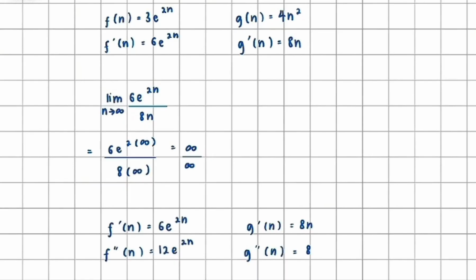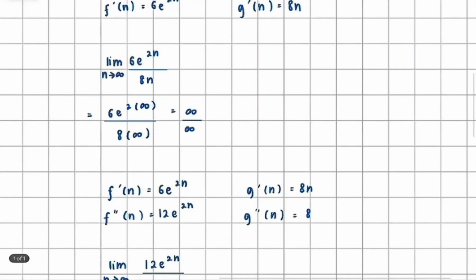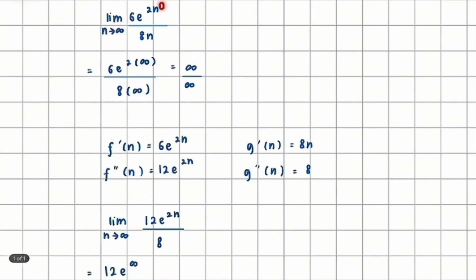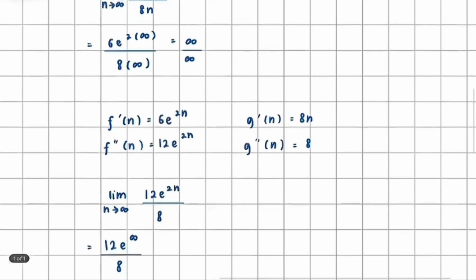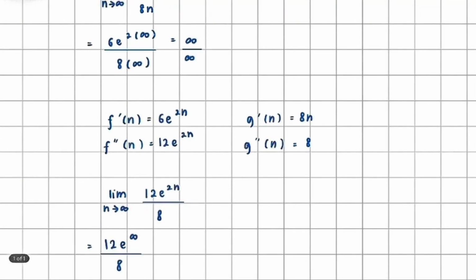The derivative of 3e to the power of 2n is 6e to the power of 2n, and the derivative of 4n squared is 8n. After we differentiate, we substitute infinity into this expression and get infinity over infinity again.